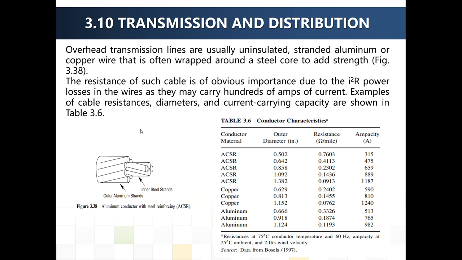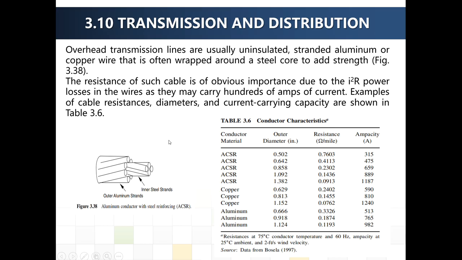Section 3.10, overhead transmission lines are usually uninsulated, stranded aluminum or copper wire that is often wrapped around a steel core to add strength. As we can see from Figure 3.38, the inner is a steel strand, and the outer is an aluminum strand.